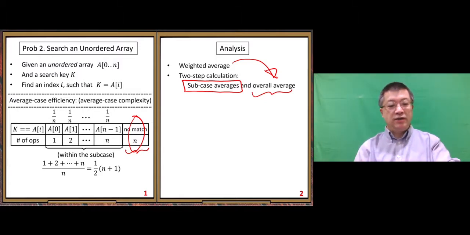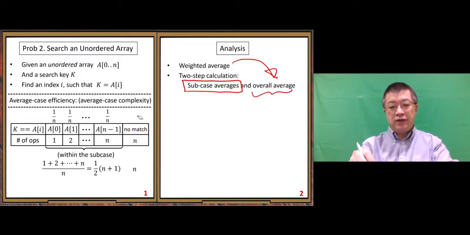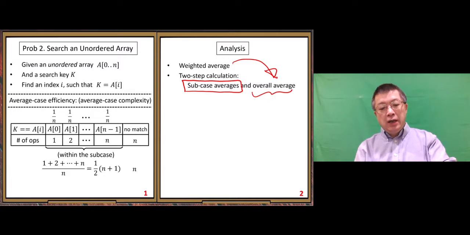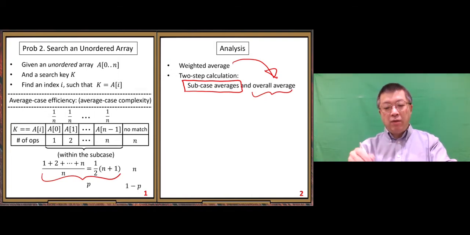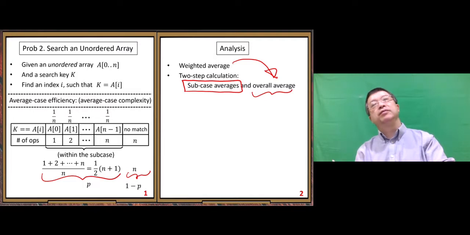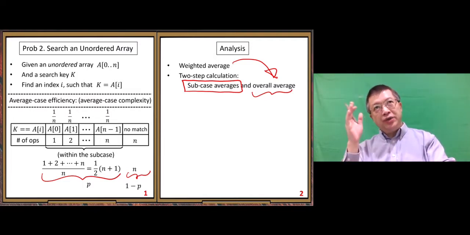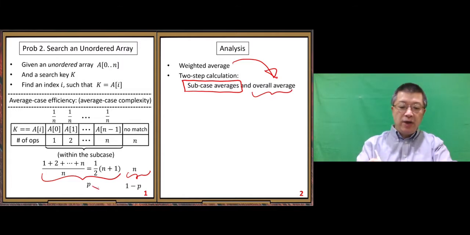So we get the same number n for the second subcase. Then the probability for the first subcase is P, and for the second subcase, 1 minus P. Now we do the weighted average. This P is the first weight, W1.